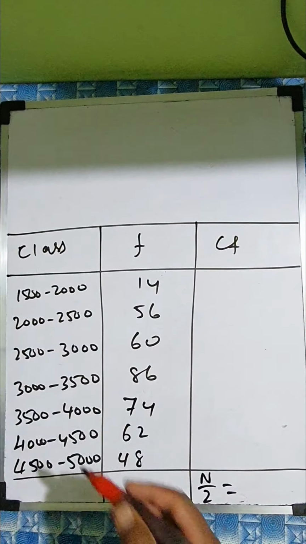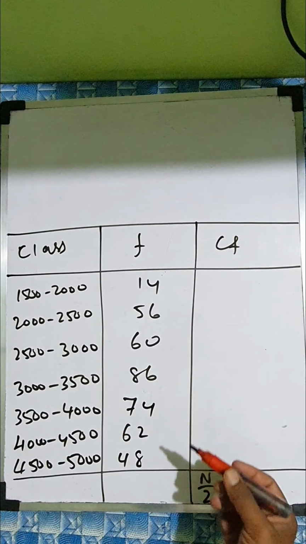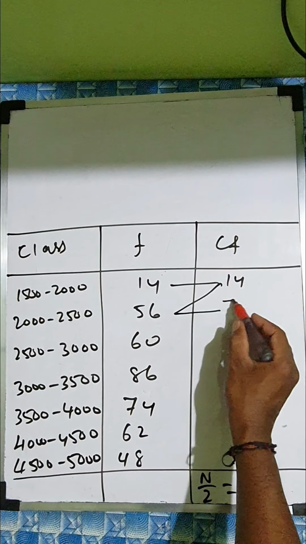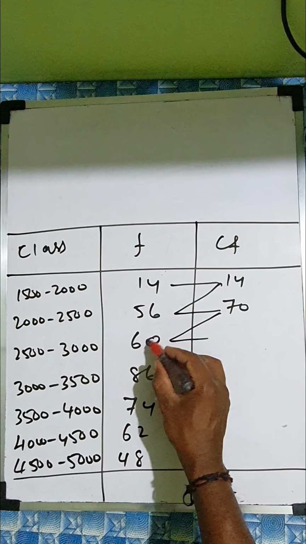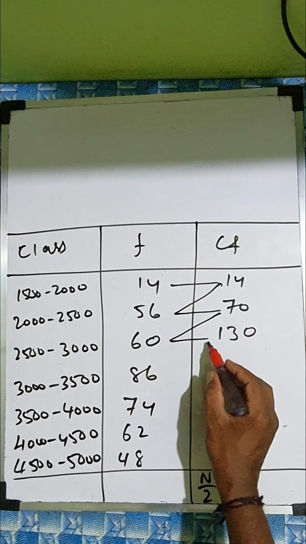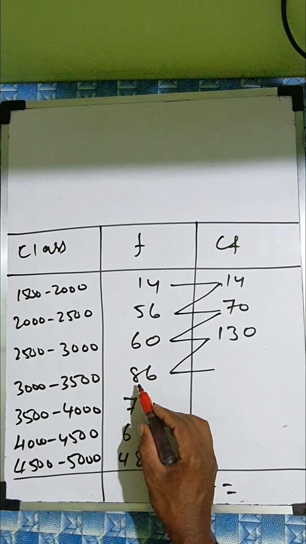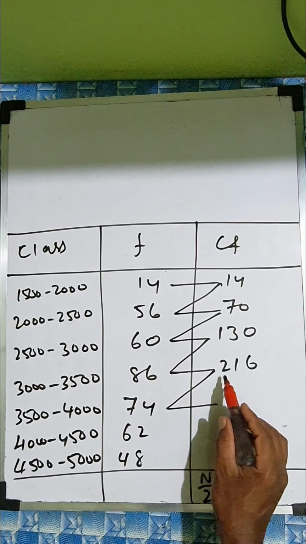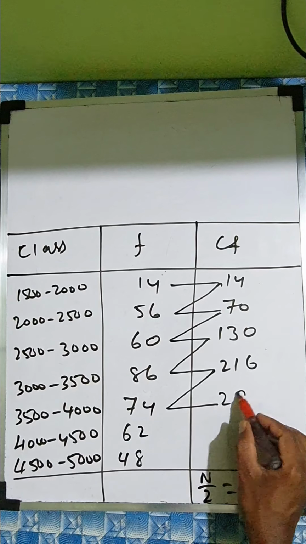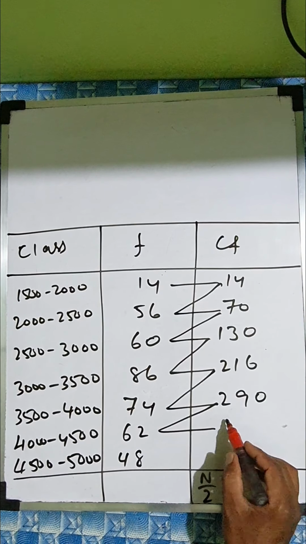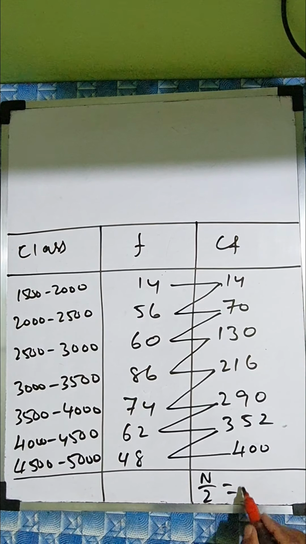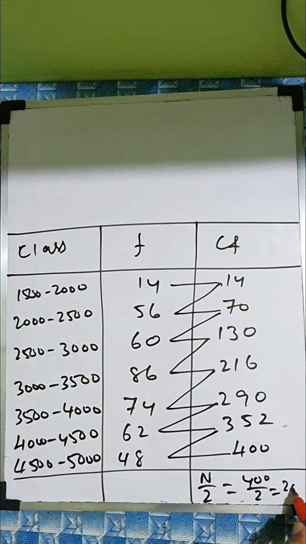I just wrote the class and frequency here, and we'll find CF: 14 plus 56 is 70, plus 60 is 130, plus 86 is 216, plus 74 is 290, plus 62 means 352. Then if we add, it will be 400. So 400 by 2 is 200. So we got n by 2 is 200.